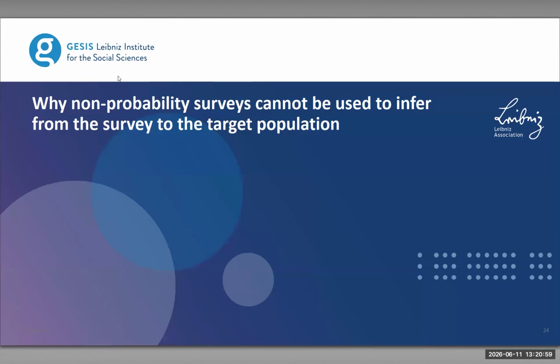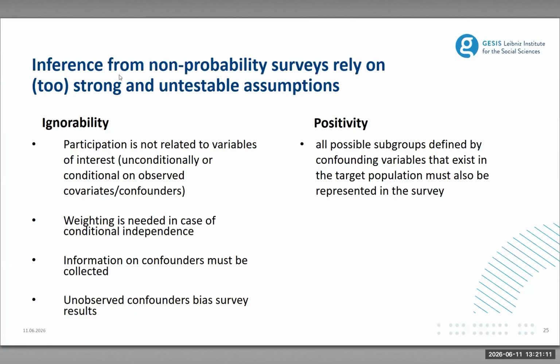So this brings me to the discussion about why non-probability surveys cannot be used to infer from the survey to some target population. As we saw, the selection process is really not clear, and in order to be able to speak for some target population when using the survey, we need to make some really strong assumptions.